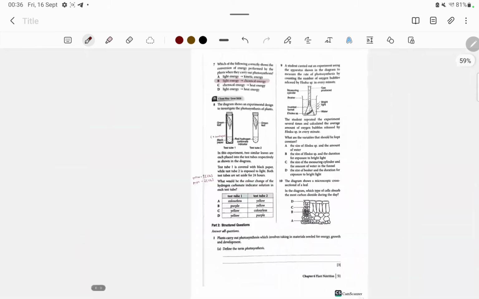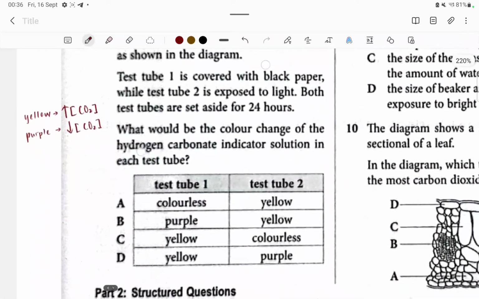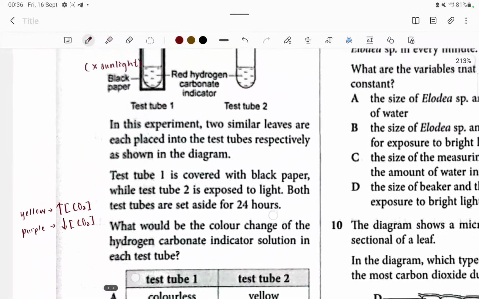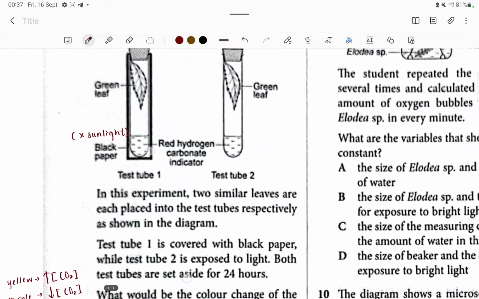Okay, so this one, test tube 1, no sunlight, so no photosynthesis. But respiration occurs. This one, photosynthesis occurs.